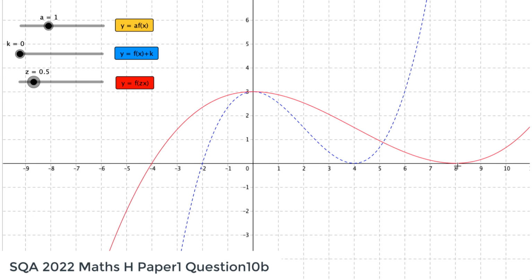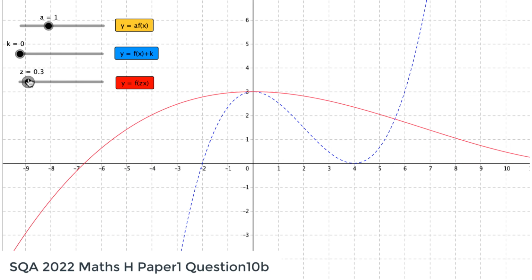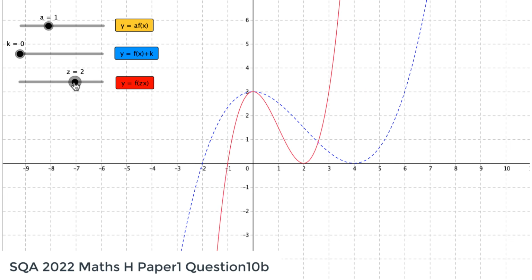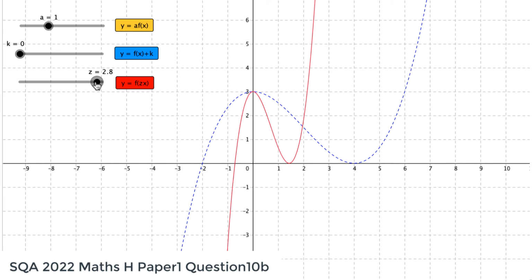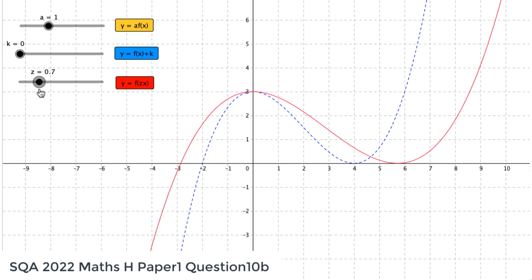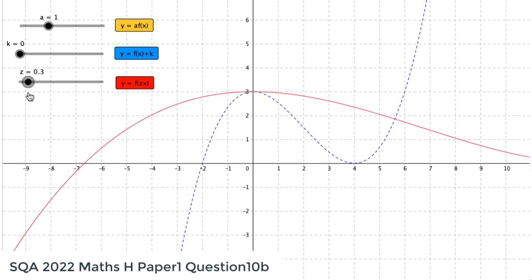So scaling out, factor of 2 parallel to the x-axis. And so it goes on. It's stretching it out even further. So scaling by halves and thirds and so on, and then scaling by times 2, by times 3 and so on.